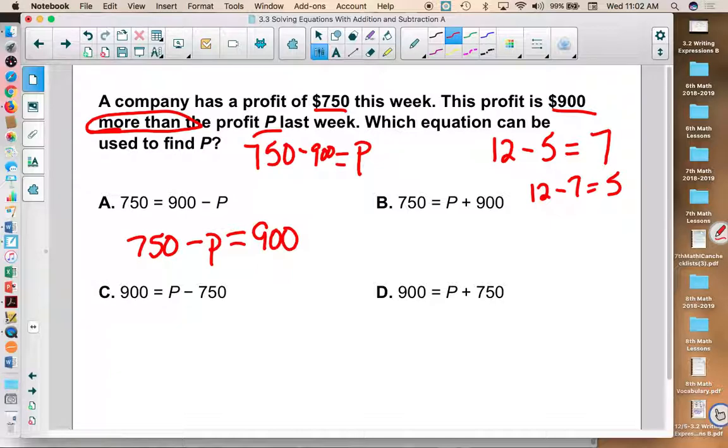Yeah, I feel like I just messed myself up. You can do that, but you have to use one first. This should be addition, shouldn't it? 750. This profit is 900 more than the profit of last week. Oh, I would rather have done this one different. If I'd have said equals this.